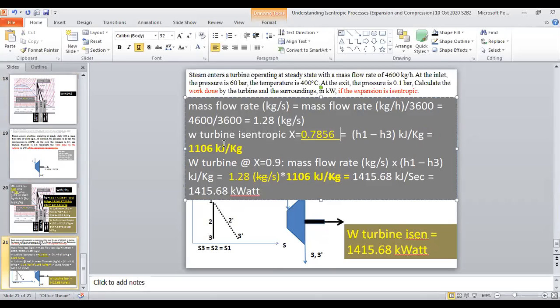X equals 0.7856. So at x equals 1, H1 minus H3 is mass flow rate times this.